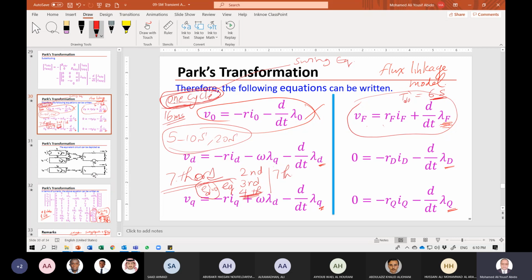So this is the detailed model, and depending on your study and the simulation time you need to investigate the stability, you can approximate this 7th order model to any other lower order model. Did I address your question?